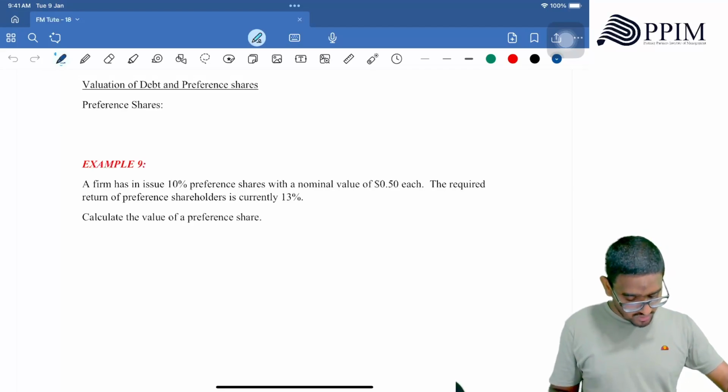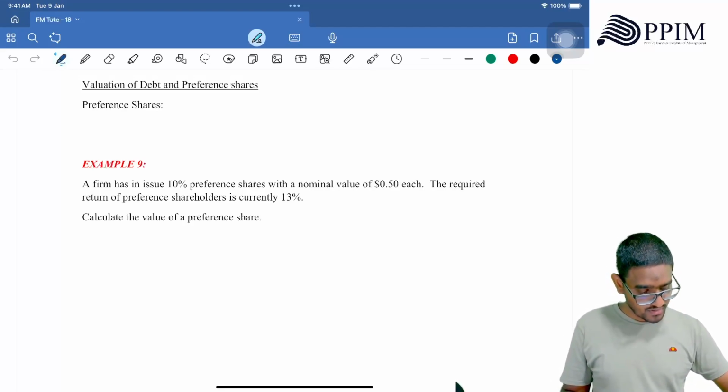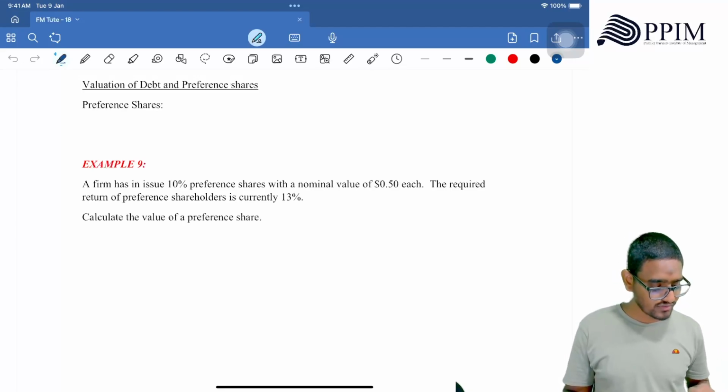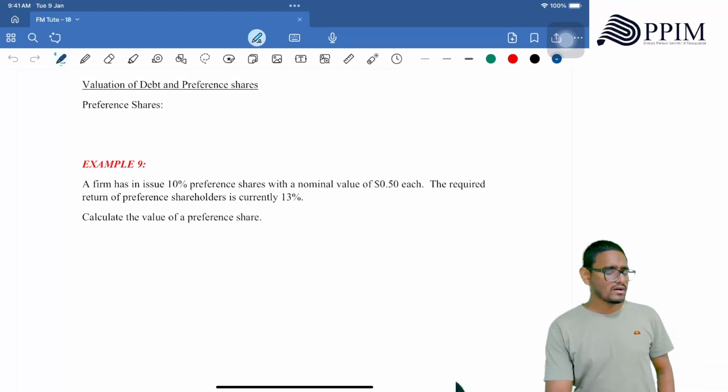Okay, so let's move on to valuation of debt and preference shares. Stemming back from our cost of capital chapter, what did we say?